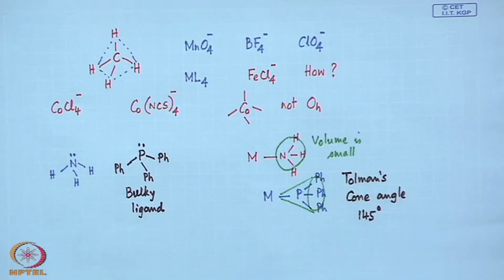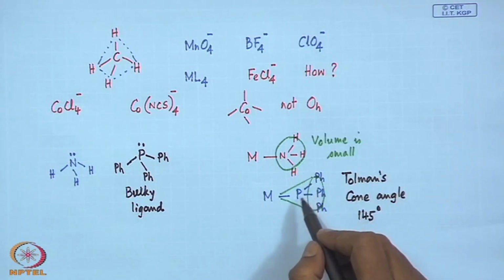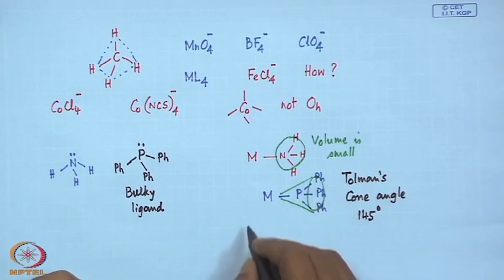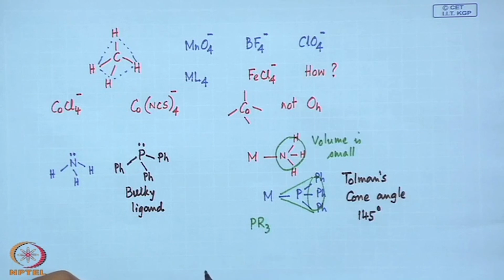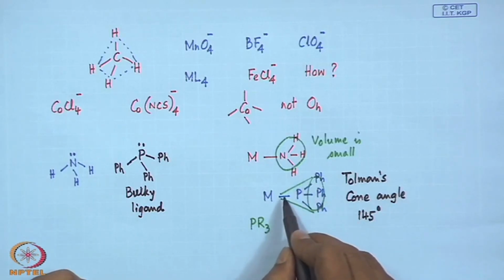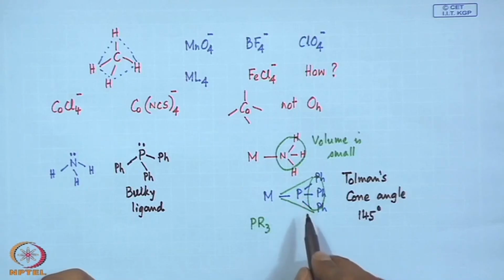So, these substitutions on the phosphorus atom are very important to change the corresponding cone angle. So, this triphenylphosphine can have other substituted phosphines, that means you can have PR3 molecules, and depending on the nature of this R, we can change the corresponding cone angle. In some cases it is less than this value, or in other cases it is bigger than this value.